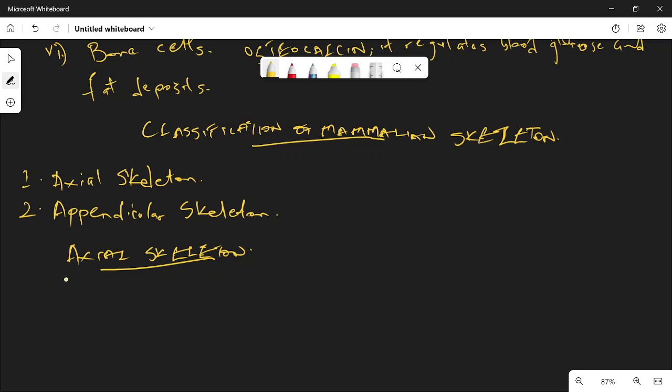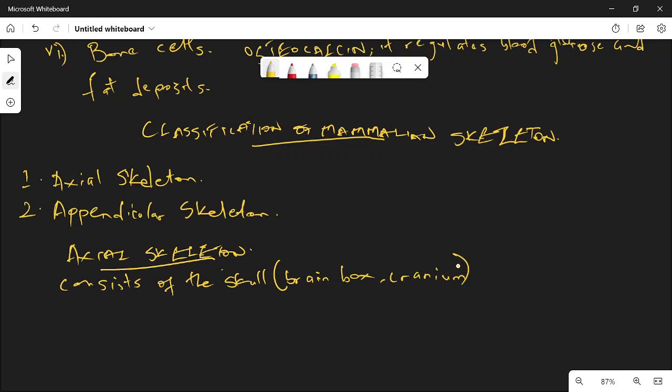The axial skeleton consists of the skull, also called the brain box, or in some textbooks we call it cranium. Are we together? That's the bone of the head.